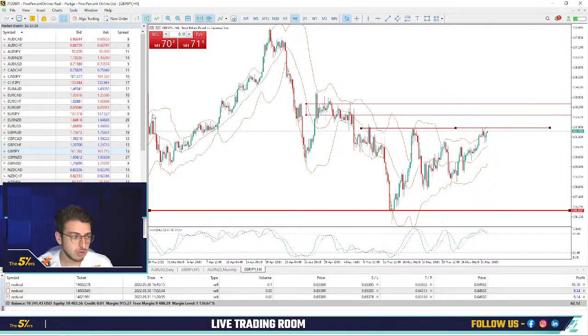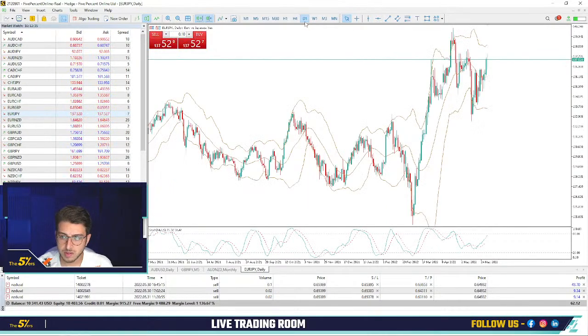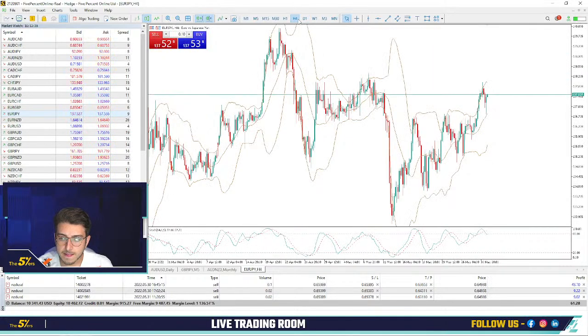But let's look at the euro yen. Yeah, it might be the same here. Definitely, we had this support. Okay, this was a huge support at the beginning of May. Also, some retest last week, 2 weeks ago.